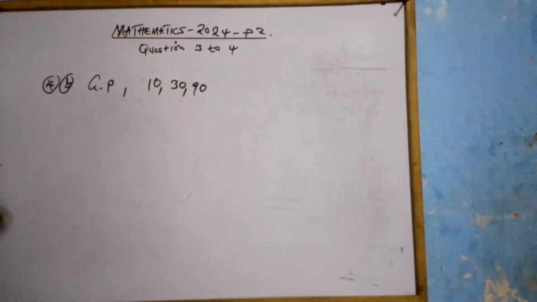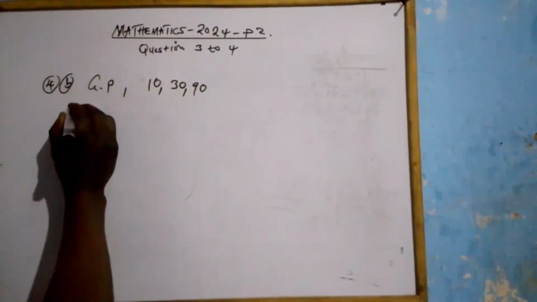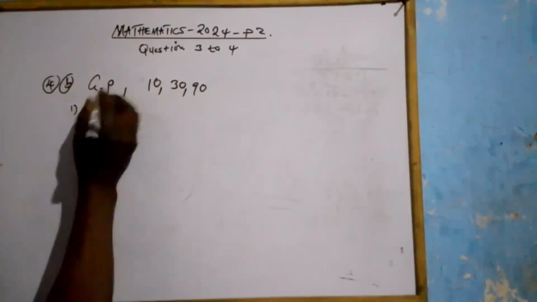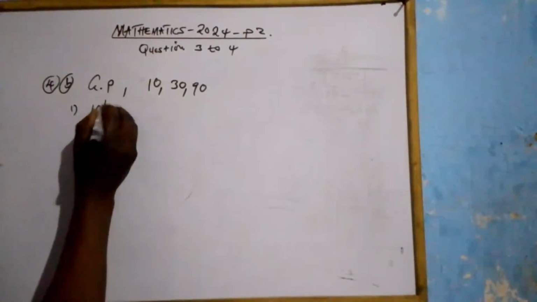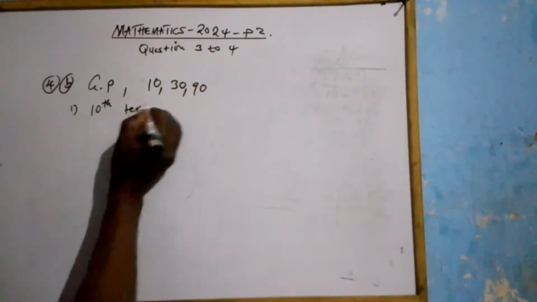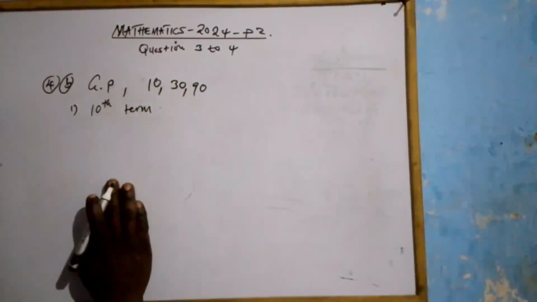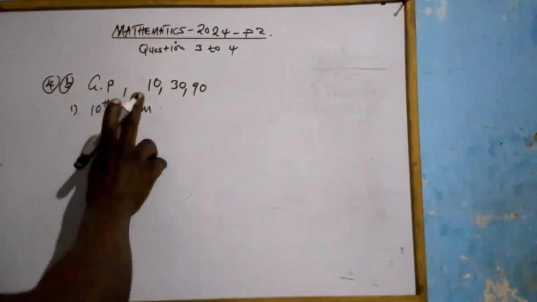Then Roman numeral 1, we have to find the 10th term of this GP.